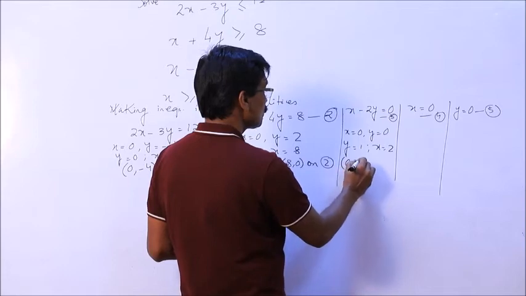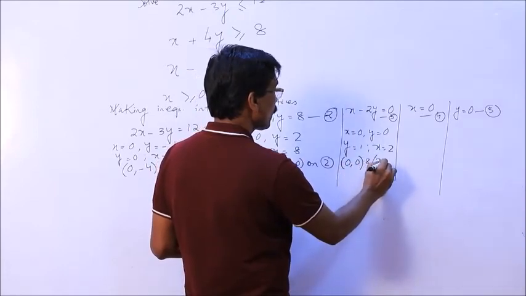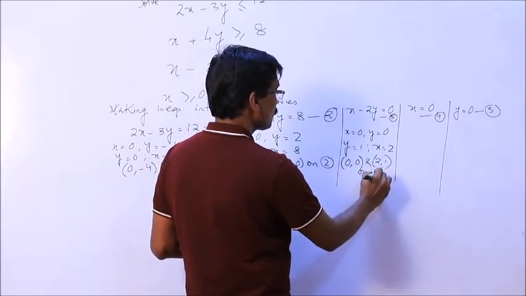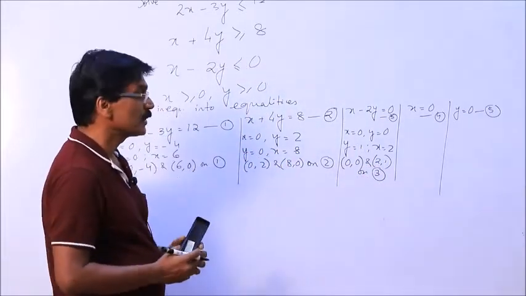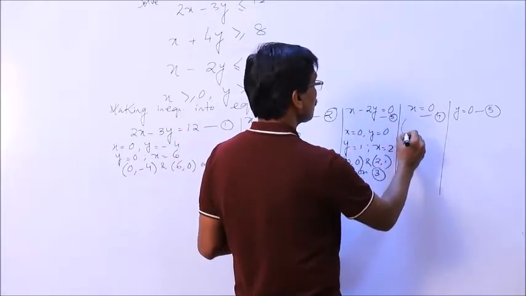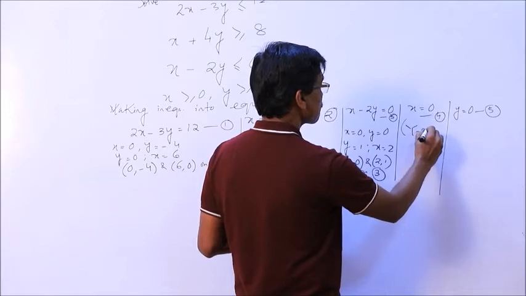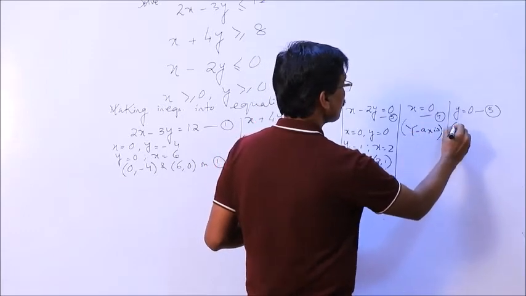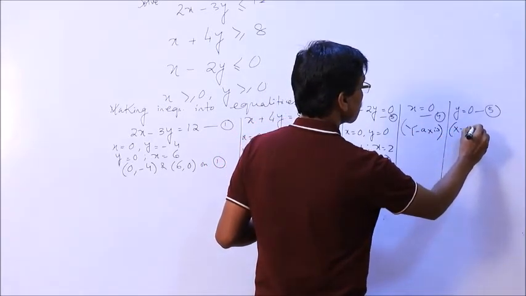So, that is 0, 0 and 2, 1 on equation 3. So, x is equal to 0 is the y axis, y is equal to 0 is the x axis.